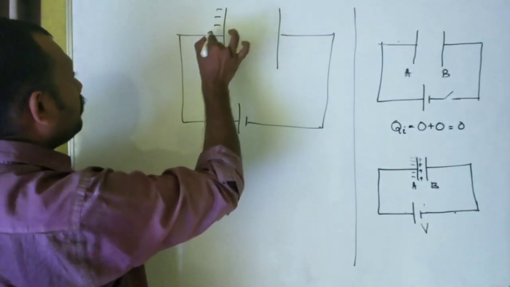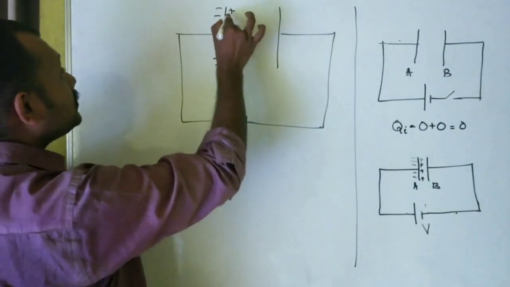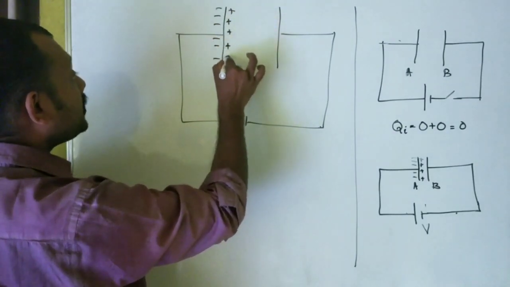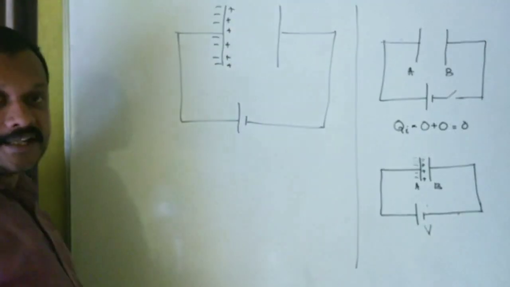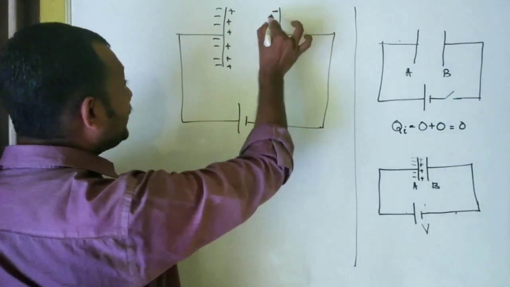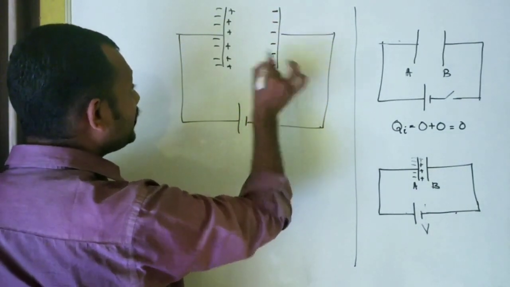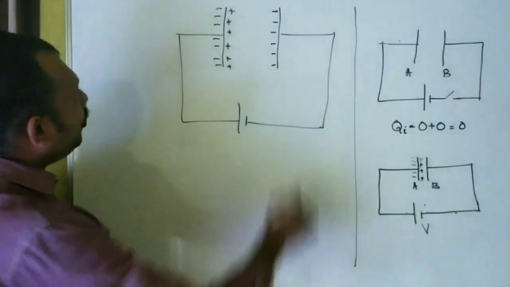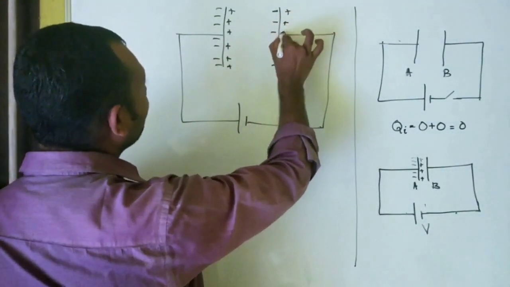Negative charges here, positive charges here. As a result of the positive charge on the inner surface of plate A, what will happen? Induction. In the process of induction, negative charges will be induced here.